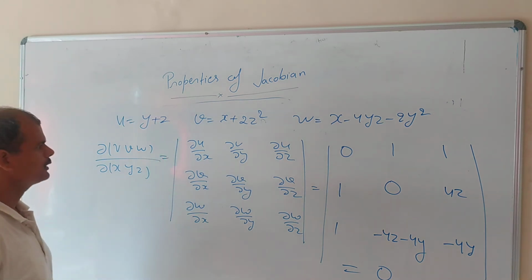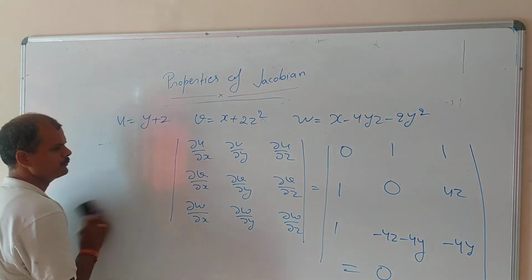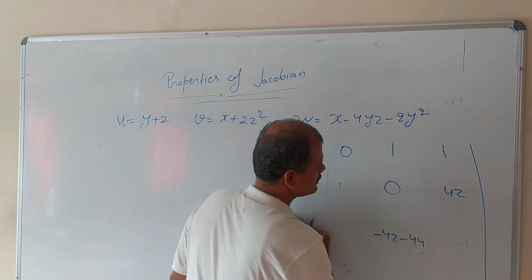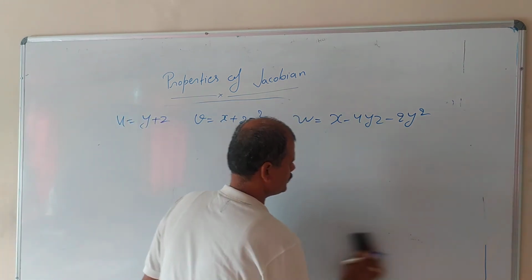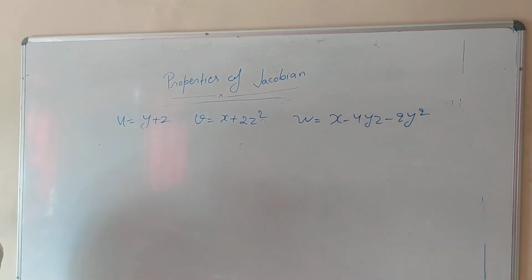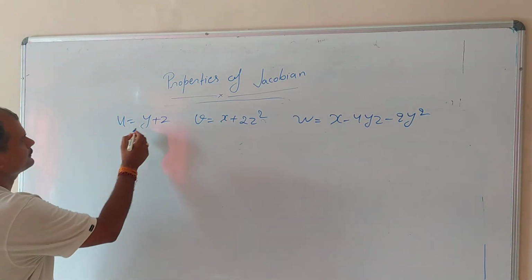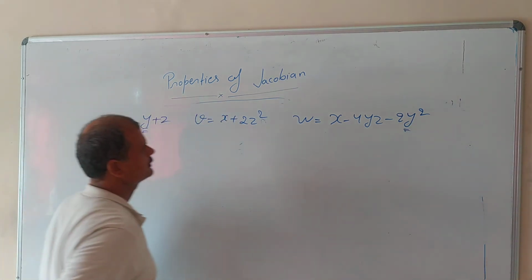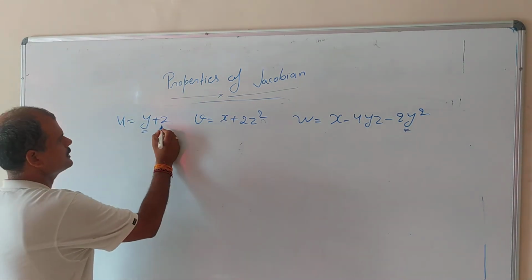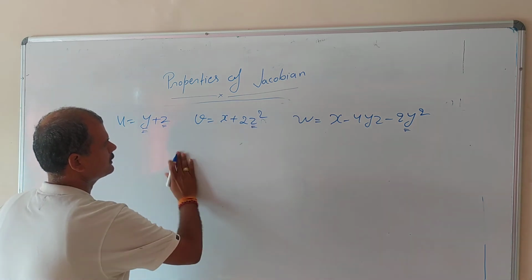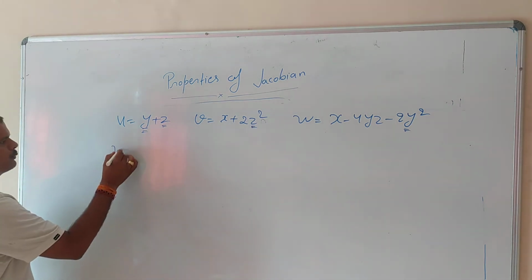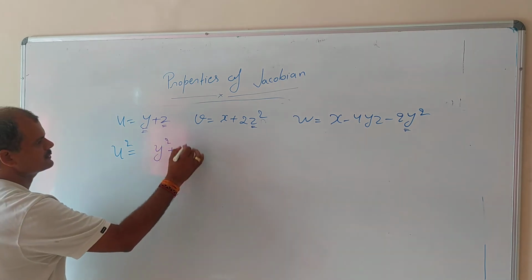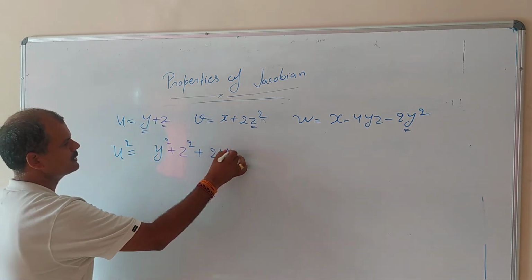The next part is to find the relation. If dependent, some relation will be there, right? So we need to find that relation. If you see, here we have y, here y square, and here we have z, here z square. So we put y square and get y square plus z square plus 2yz.